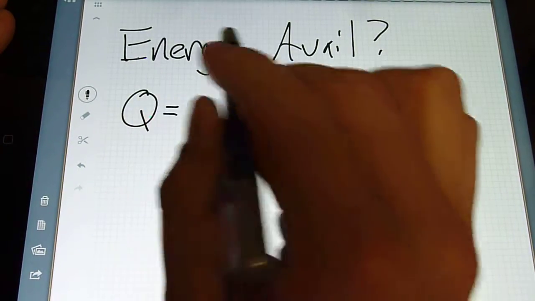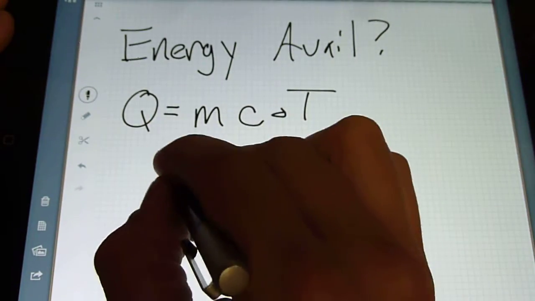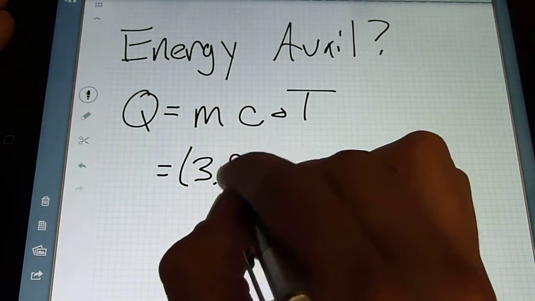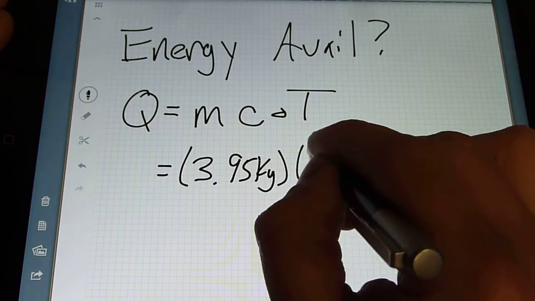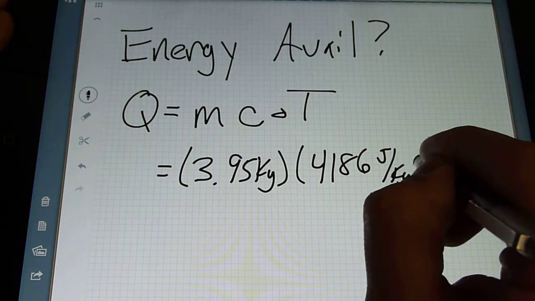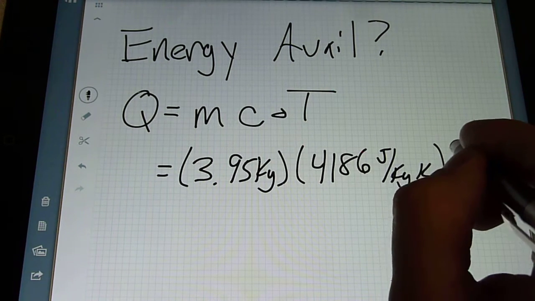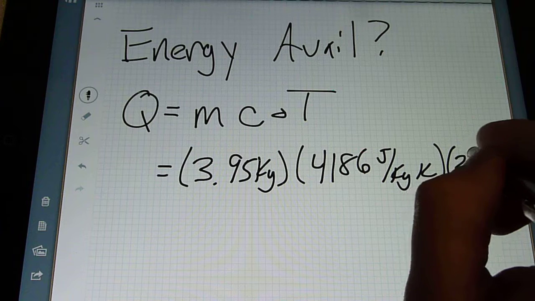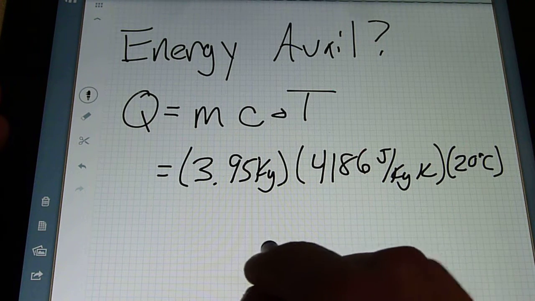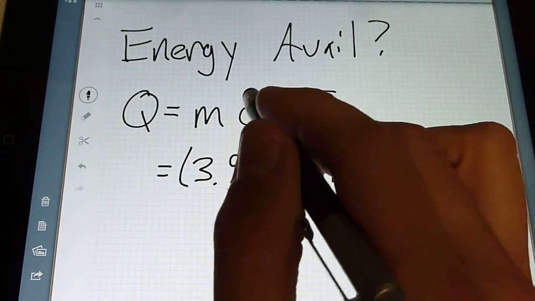So we can say that the energy available is going to be mc delta T for the lemonade. So we say, okay, the mass of our lemonade is 3.95 kilograms. We're treating the lemonade as water, 4186 joules per kilogram Kelvin. And then the lemonade undergoes a temperature change of 20 degrees Celsius. So I'm being sloppy with my signs of my temperature change because this is the energy that the lemonade gives up.